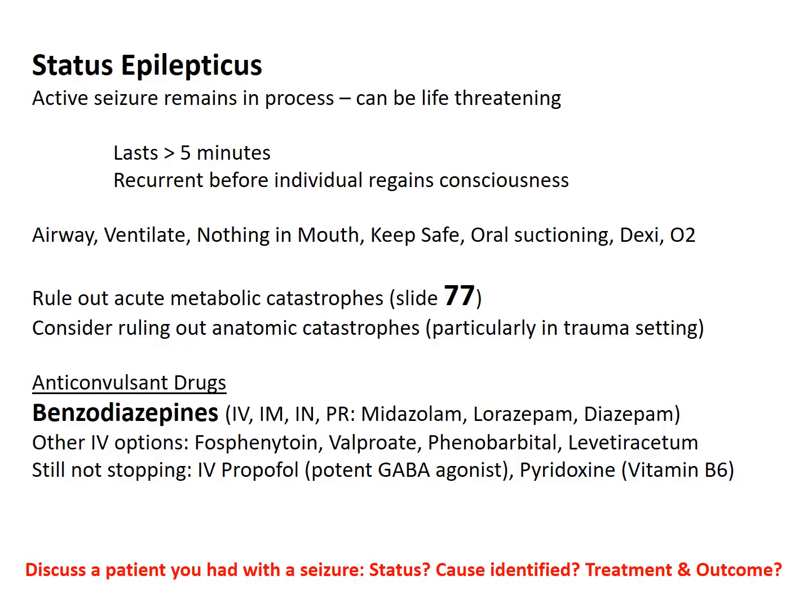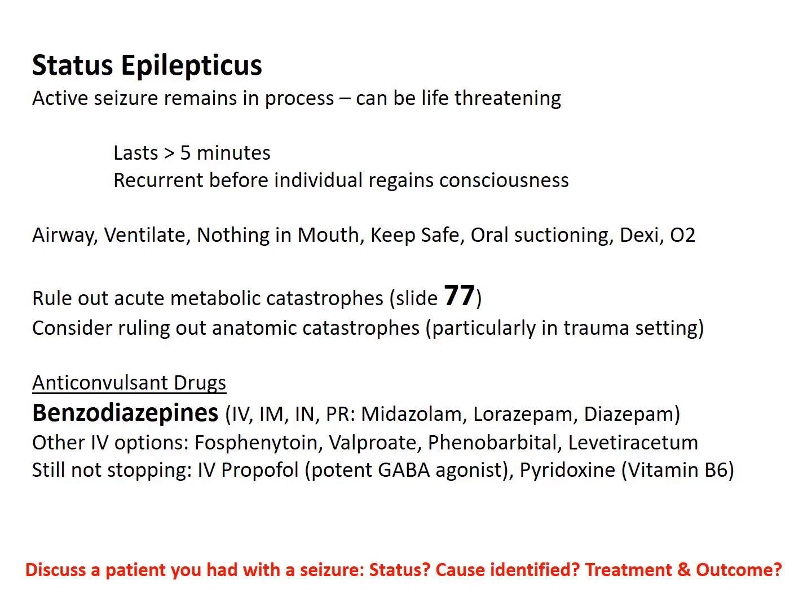We want to make sure that they're not having one of those metabolic catastrophes that we showed a couple slides back. But in terms of medications, maybe our best and first-line drugs for status epilepticus are the benzodiazepines.